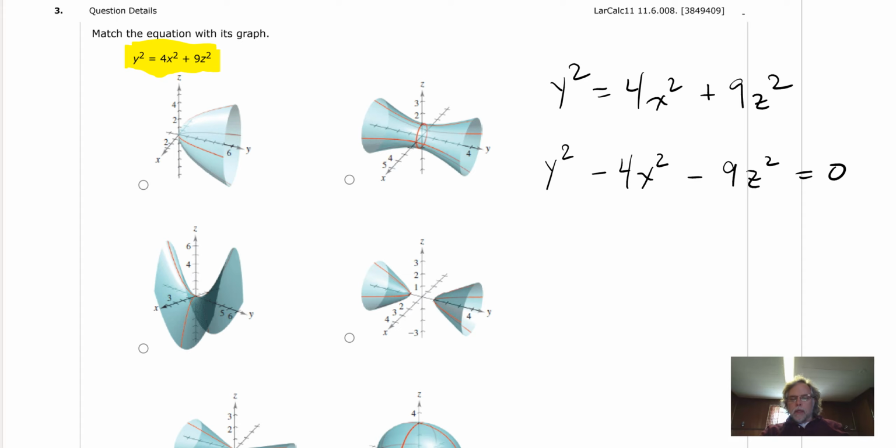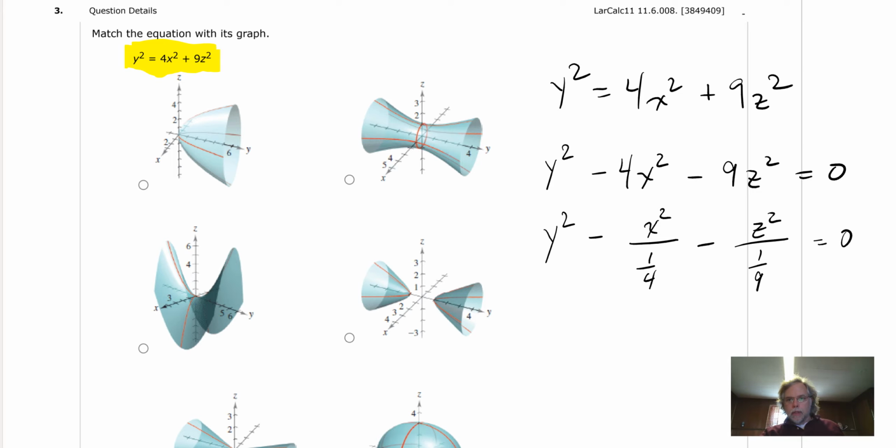And then we play the same sort of game of putting things in denominators as we did before. Like that, y squared minus x squared over 1/4 minus z squared over 1/9 equals 0. It seems an odd thing to do. It is a bit odd because it's backwards to normal.